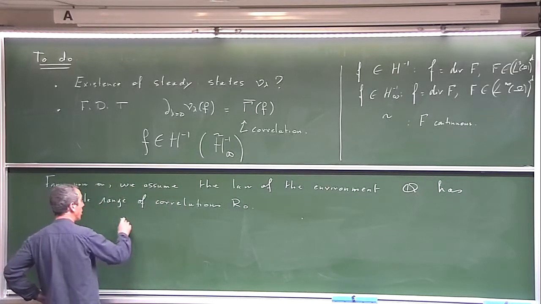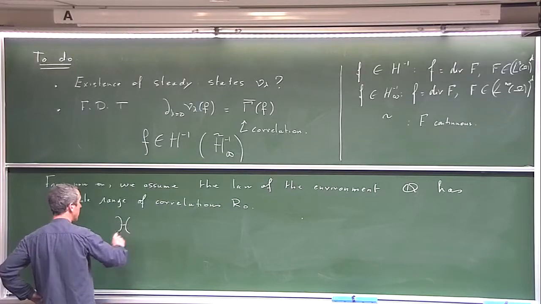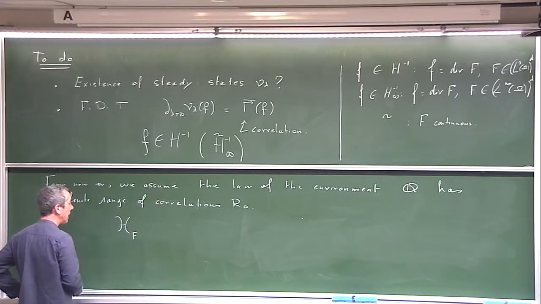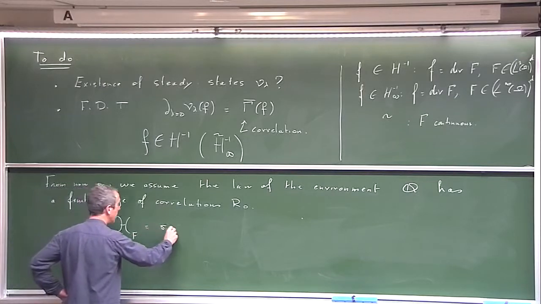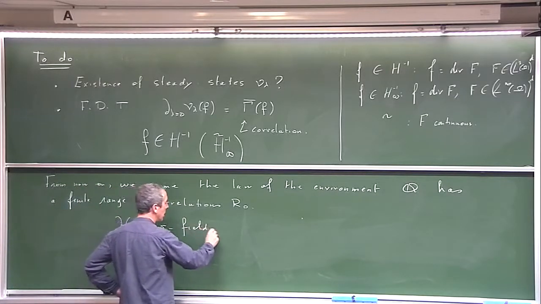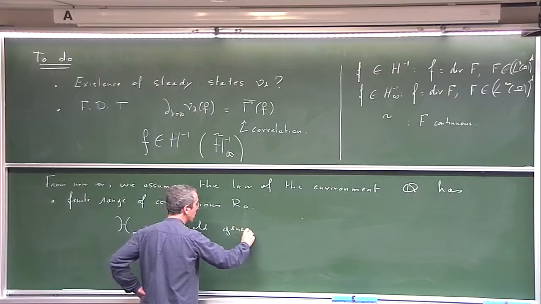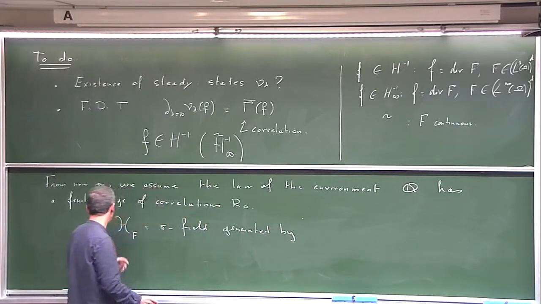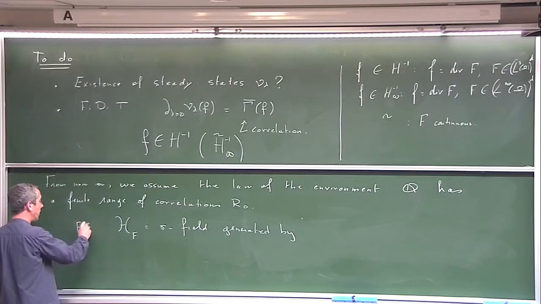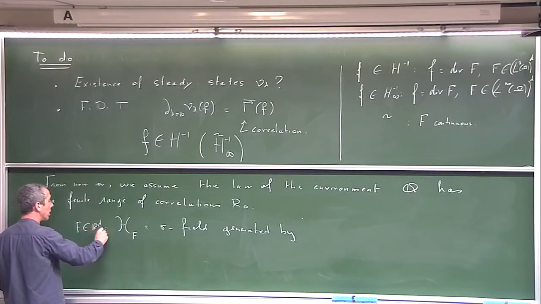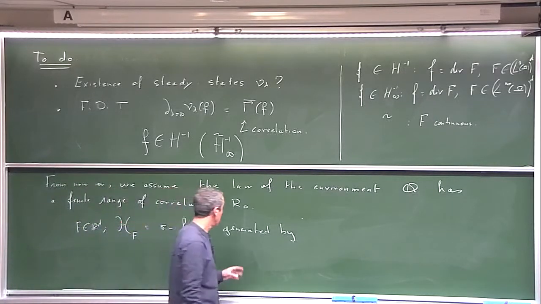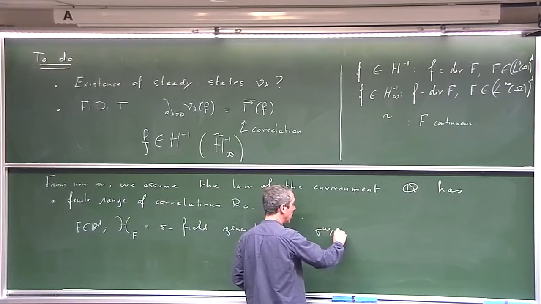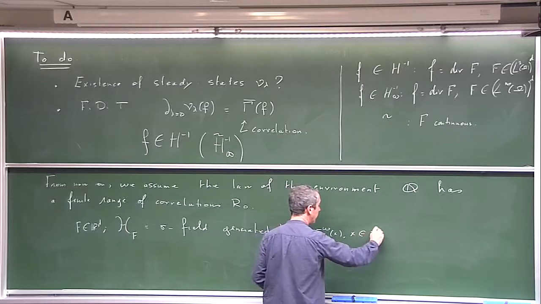So this means the following thing. Let's write H_F for the sigma field generated by the environment in a certain set F. So F is a subset of R^d. So the sigma field generated by the random variable sigma omega of x, where x is in F.